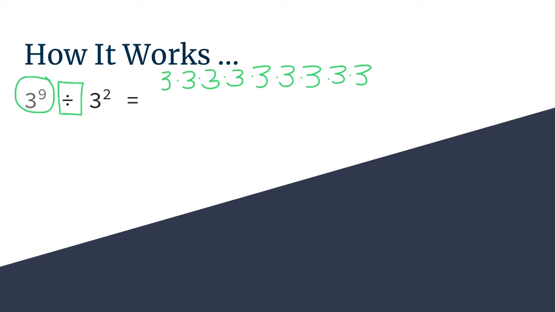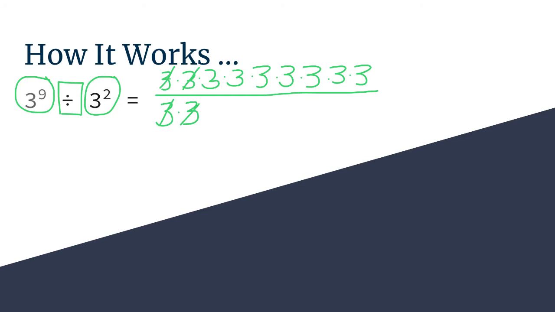That division sign could be a fraction bar, which makes this my denominator. I have 3 multiplied by itself twice. And so all I did was go back to the basics and write everything out. Now I can simplify. I know that if I have the same thing on the top and the bottom of a fraction, they will cancel. These 3's cancel. Those 3's cancel.